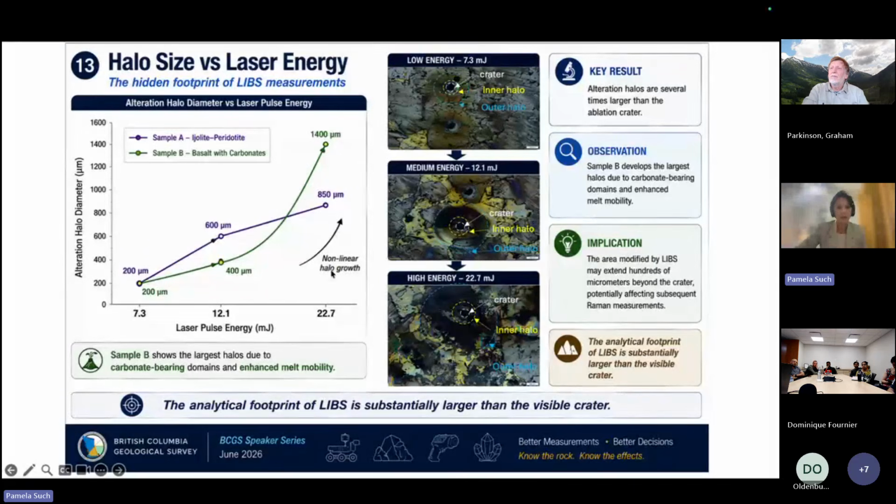It was not a linear halo growth, but it was a significant increase, especially for the basalt with secondary carbonates, as it was more susceptible, we assume, than the more crystalline basic composition sample.